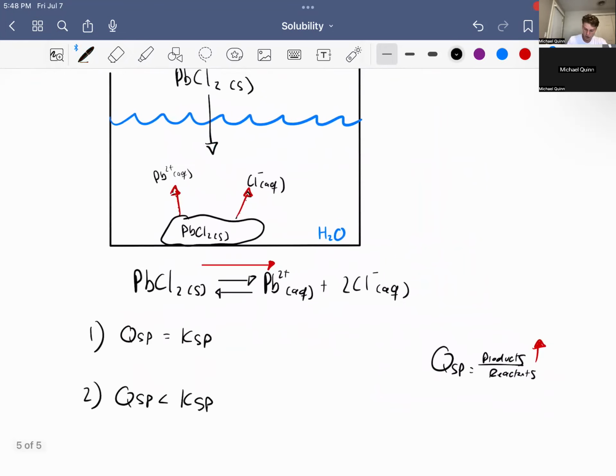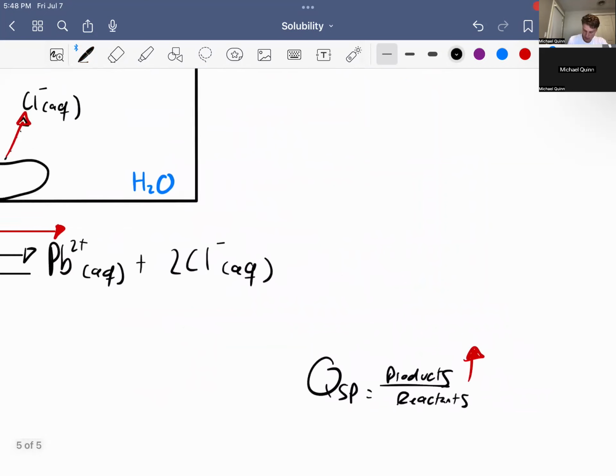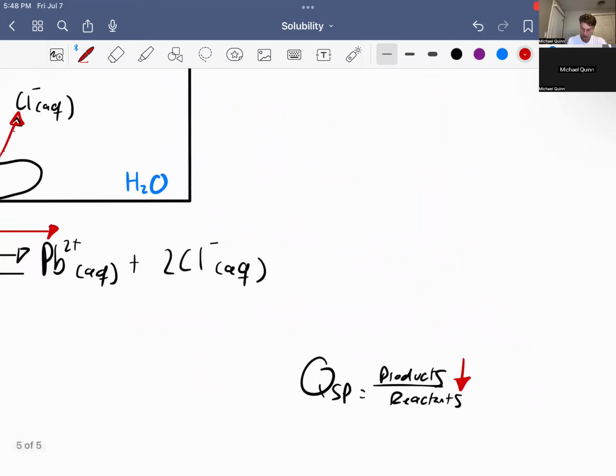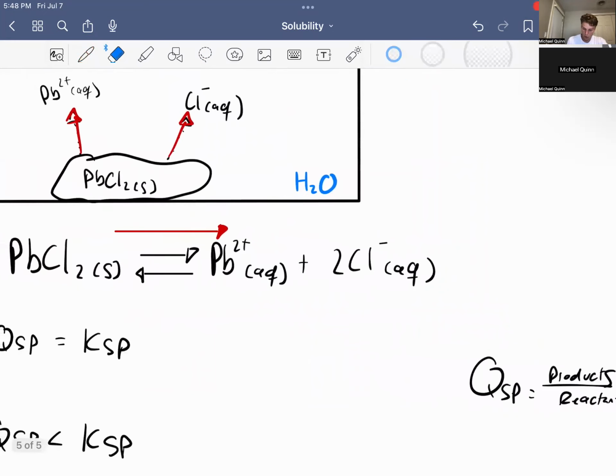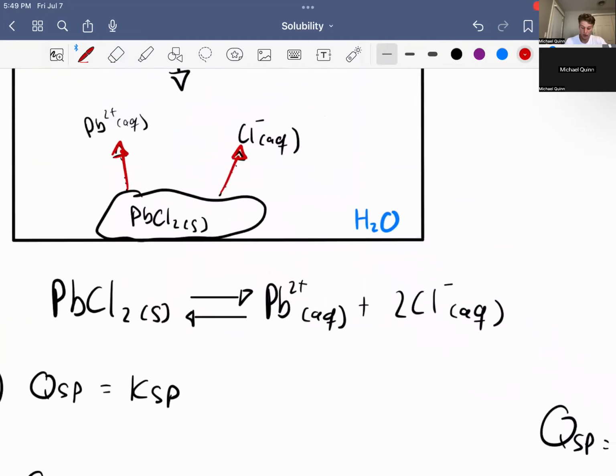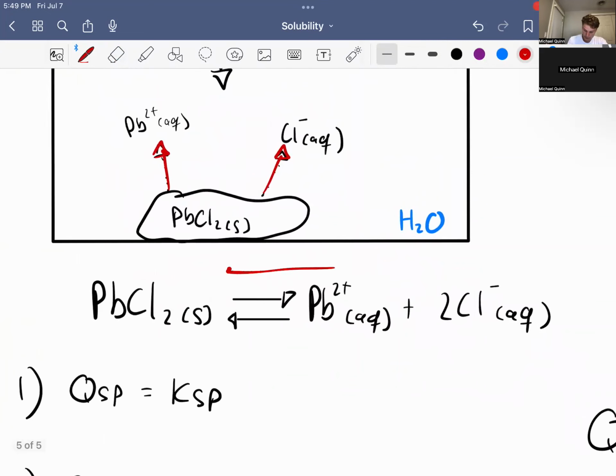So in our third scenario, if Qsp is greater than Ksp, we know that Qsp is products over reactants. If Q is greater, then that means we need to decrease our products and increase our reactants. So what we should do in order to decrease our products is stop making our lead and chloride ions and shift this reaction to the left.